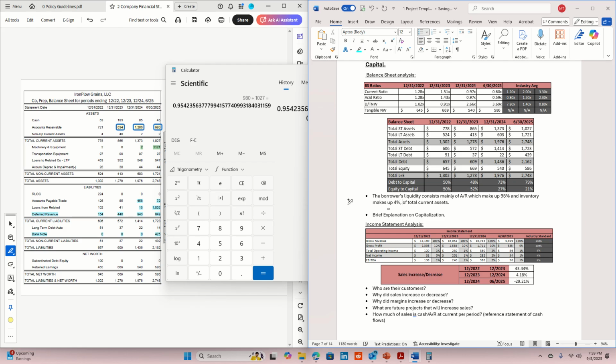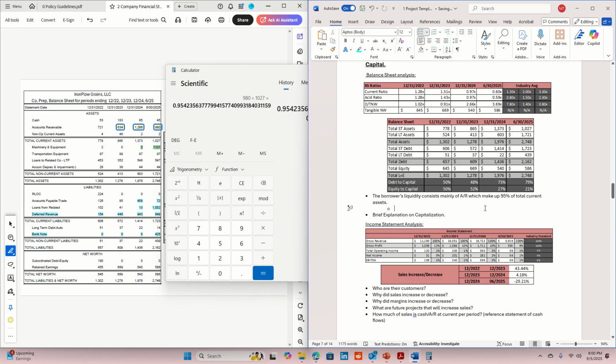And if cash is a significant portion, which for me, as you see, it's not, if cash makes up more than 5%, then I would say cash makes up 5%, right? Because I want you to document all of the current assets that make up more than 5%. But for me, again, AR makes up the majority of the total current assets. So that's the only statement I'm going to make.